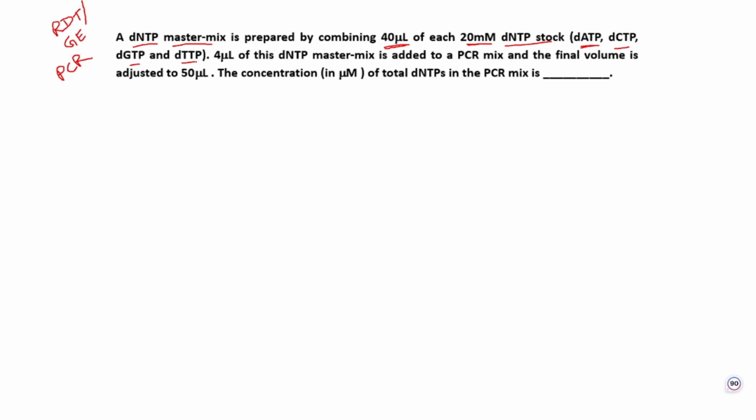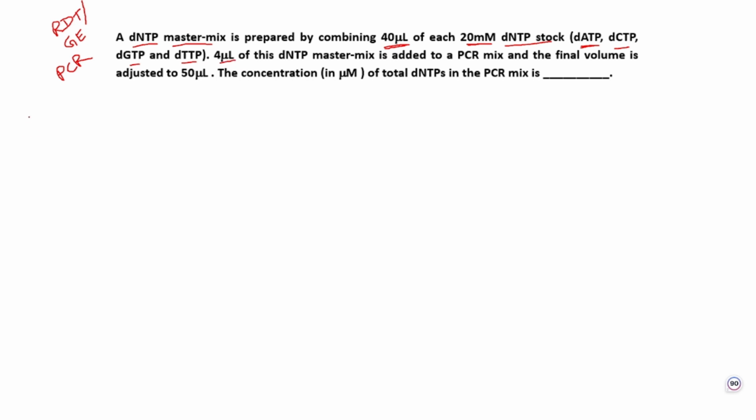From this you are taking 40 microliter of each dNTP stock to prepare a final volume of the dNTP master mix, and from this final volume you are taking 4 microliter again.